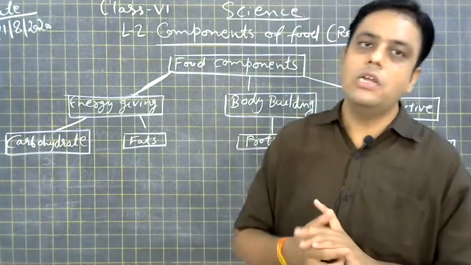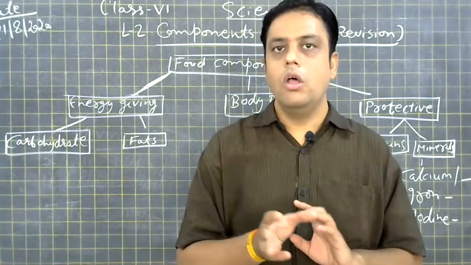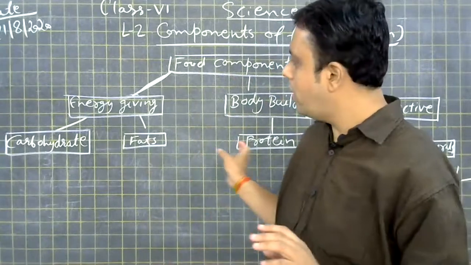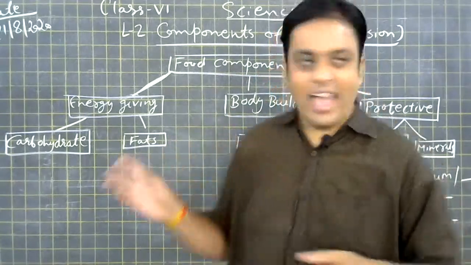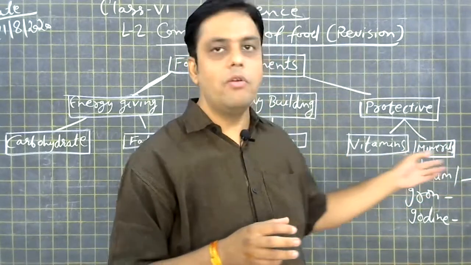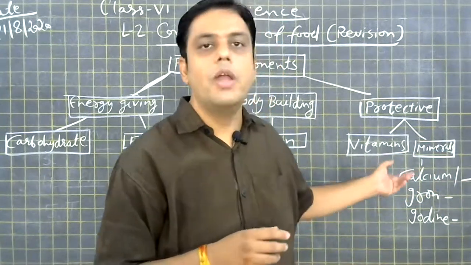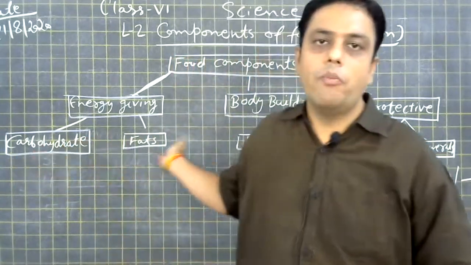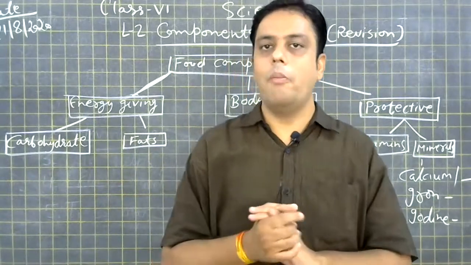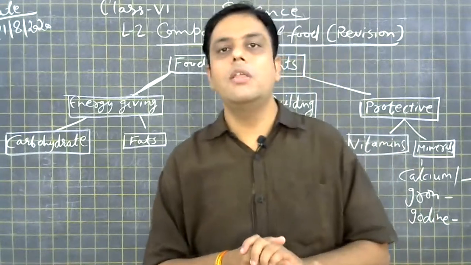In the next class I will not teach, I will just ask you all the important questions, and what type of questions will be there, like lack of vitamin B, what type of diseases will be there because of lack of vitamin C, vitamin D, vitamin A, lack of carbohydrate, lack of protein, and some important questions, some keywords, and some deficiency diseases also.